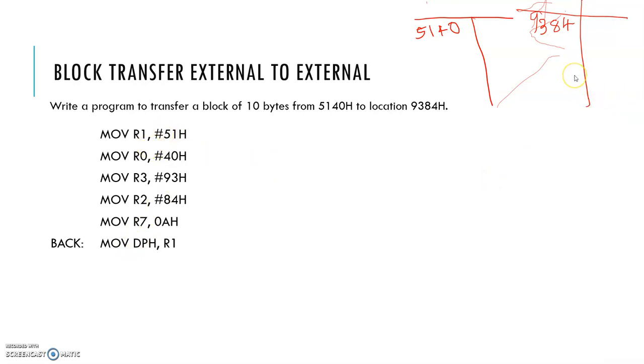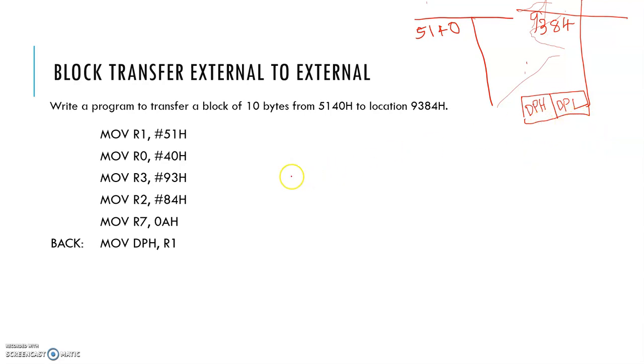DPTR is a 16-bit register. This 16-bit DPTR is divided into two 8-bit registers, the higher byte is DPH and the lower byte is DPL.